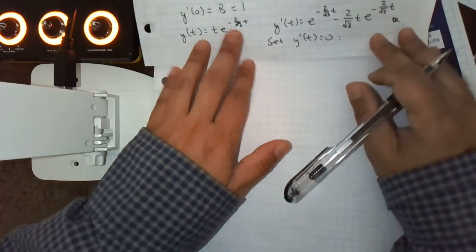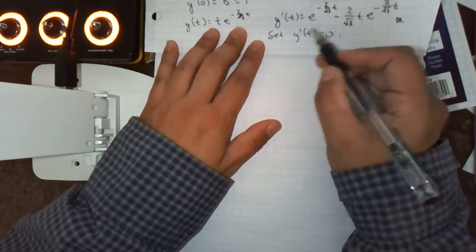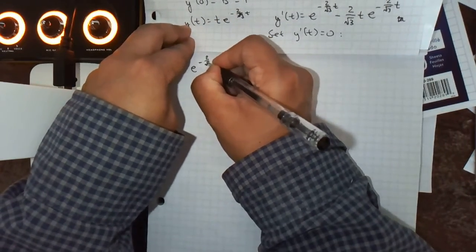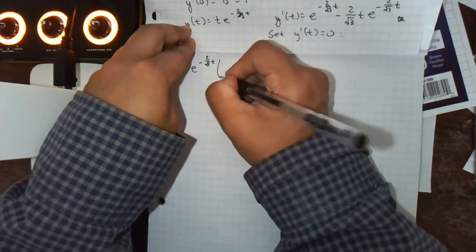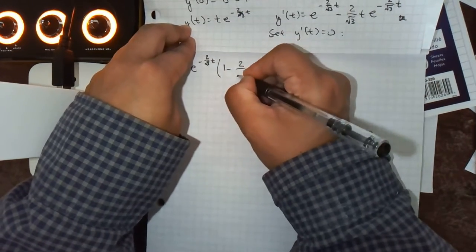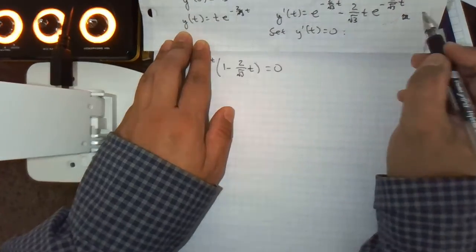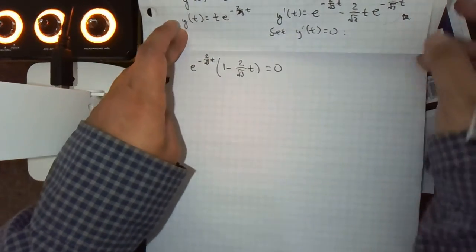While we do that, we're going to factor out an e to the negative 2 over root 3 t. And so we'll be left with 1 minus 2 over root 3 t equals 0.